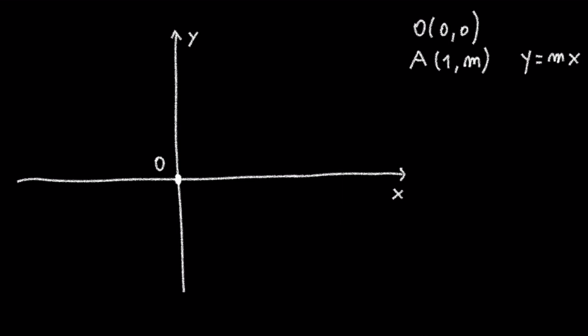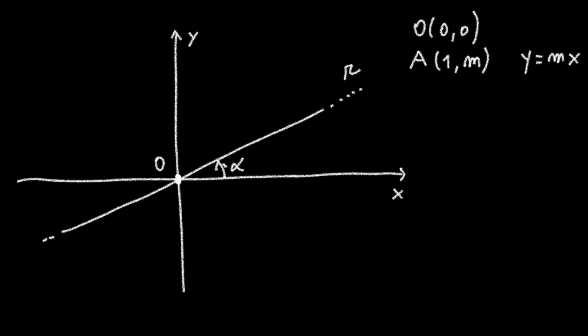Let alpha be the angle formed by line R with the positive x-axis, and this angle represents the counterclockwise rotation from the positive x-axis to line R.